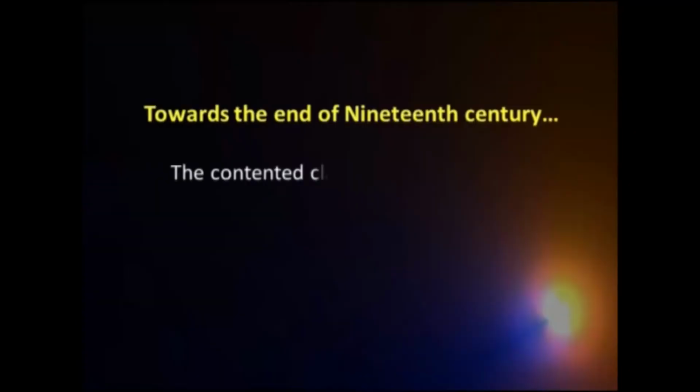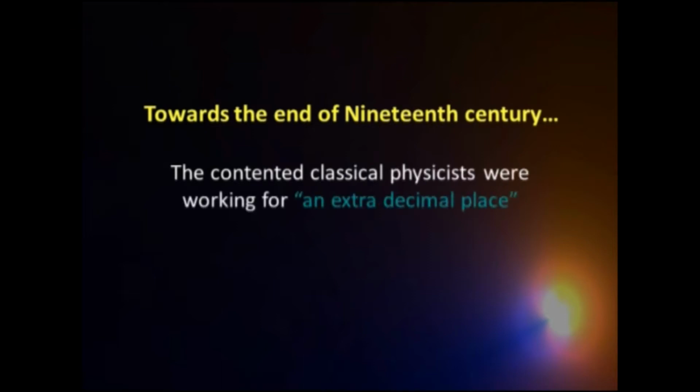For example, if I measure the length of a table, say it's about 1.7 meters, maybe I can use a different scale and measure it as 1.73 meters, or maybe 1.732 meters, or go even further down. That means I am just looking for an extra decimal place. There's nothing new to happen. I'm only trying to get a more and more accurate measurement, and that's not very significant.